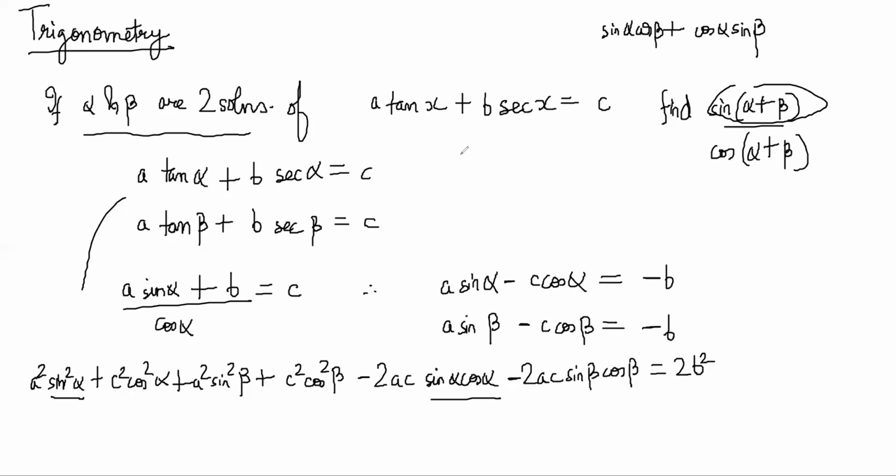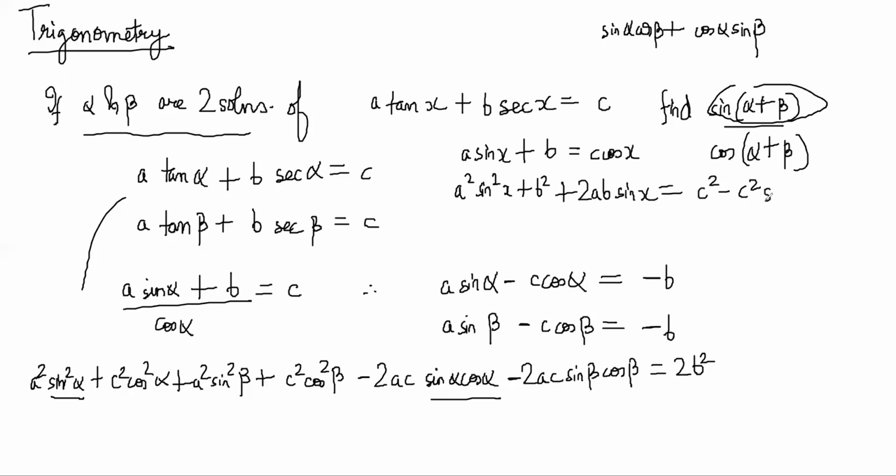We can do a sine x plus b is equal to c cos x. This is the equation. So a square sine square x plus b square plus 2ab sine x is equal to c square cos square x, which is c square minus c square sine square x, right?